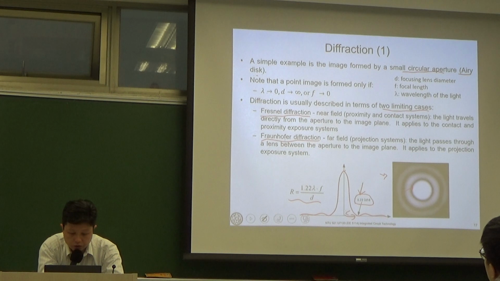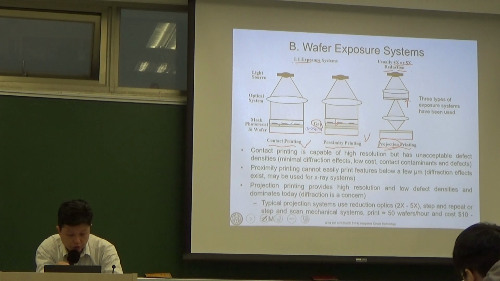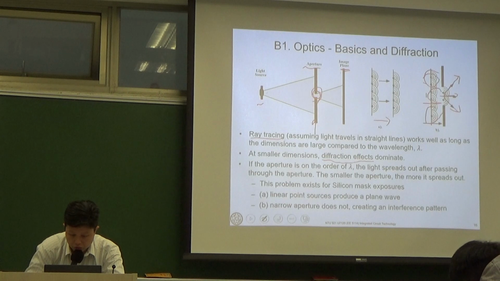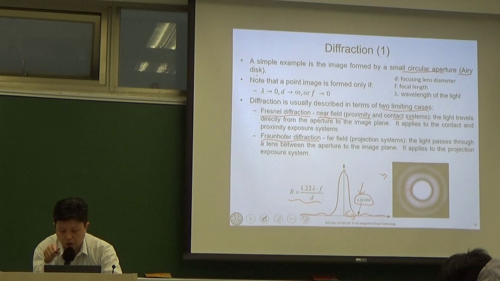The Fresnel diffraction is basically near field diffraction, and we will observe this in our proximity and contact systems, the first two, right? Because the distance between your mask and your silicon wafers is very close, we can use these near field optics to explain the pattern that we observed on our wafers.